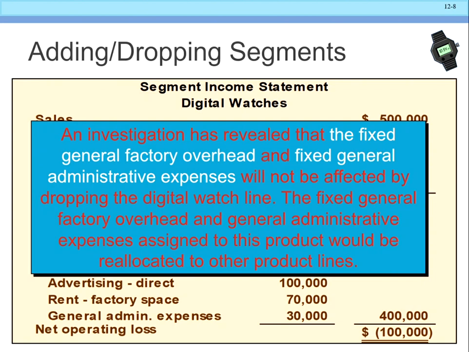We perform an investigation, and we see that the fixed general factory overhead and the fixed administrative overheads will not be affected by dropping the digital watch division. What does that mean? It means these fixed expenses are now supposed to be reallocated to another division, or this decision is not going to avoid this kind of cost.